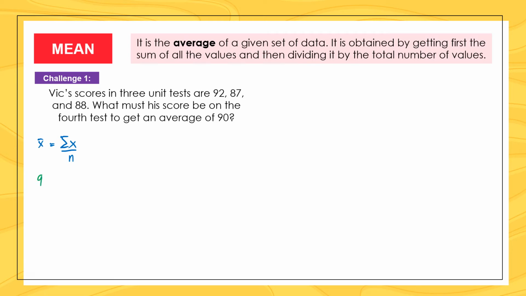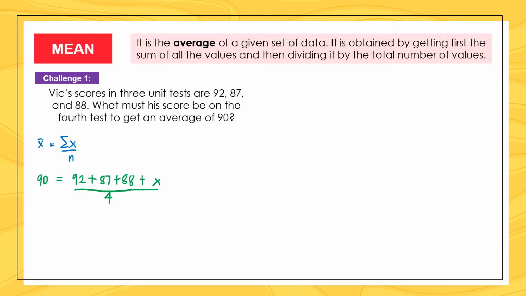I'll have 90, that is the mean, is equal to the summation of x, or all the data: 92 plus 87 plus 88, and then plus the missing one, the score he must obtain for him to have an average of 90, all over 4 unit tests, right? So what to do next?